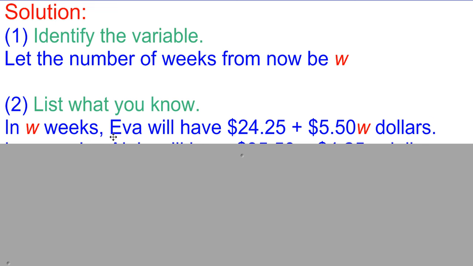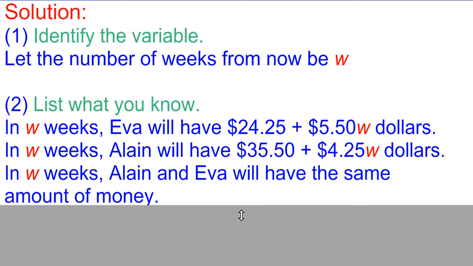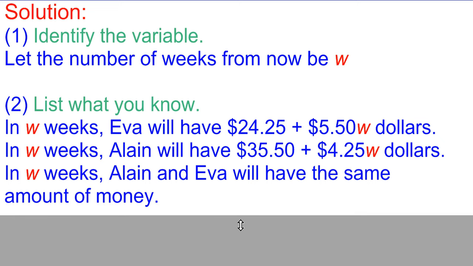In other words, 5.50 times W. And then for Elaine, she already has $35.50, that's a constant, and that's added to $4.25 per week, or 4.25 times W. In other words, folks, 5.50 is a coefficient for Ava, 4.25 is a coefficient for Elaine. So that's our setup for the amount of money Ava and Elaine will have after W weeks.